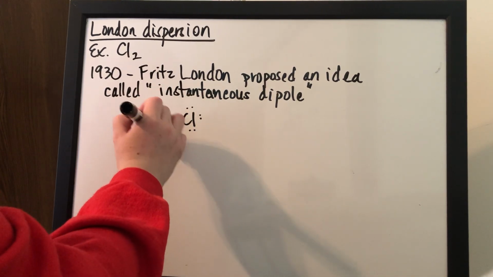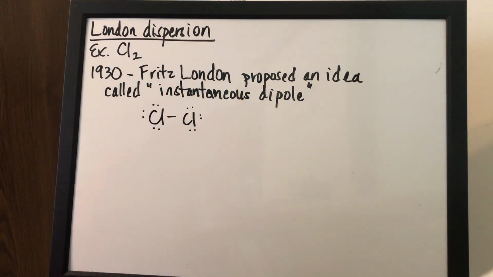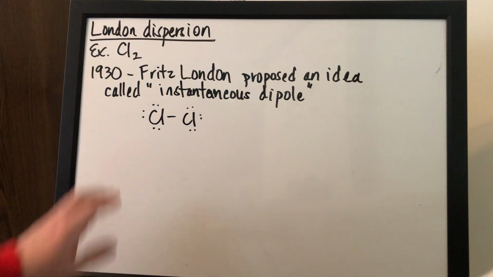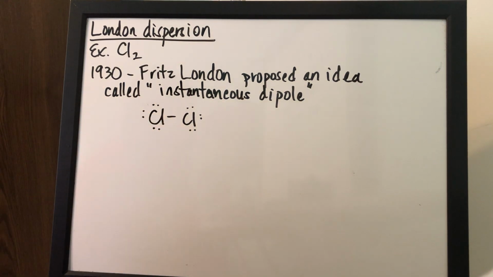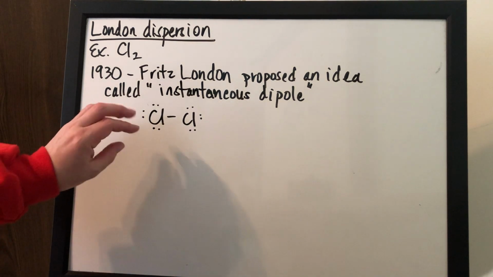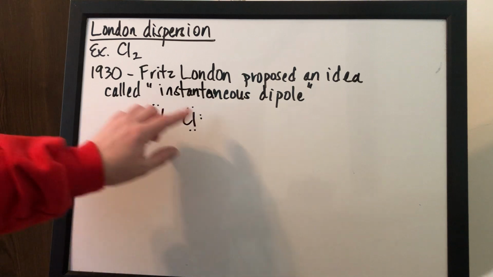diatomic molecule, we've already mentioned multiple times that these electrons are not stationary and they're moving. So he posed the question of, imagine if you could take a snapshot, or freeze for an instant in time the electrons in chlorine. It's quite possible that at any instant in time, there's more electrons on this chlorine than there are on this chlorine.